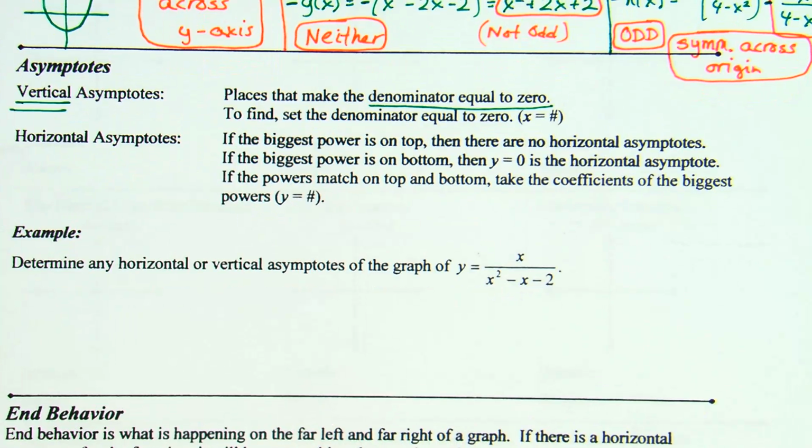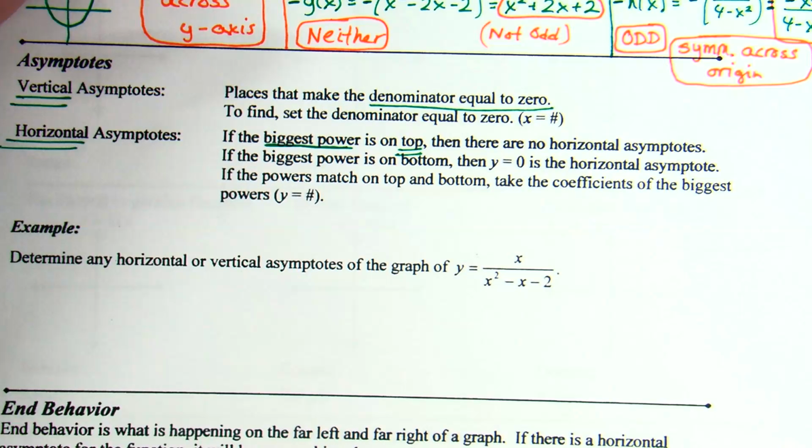If the biggest power is on top, then there are no horizontal asymptotes. We'll talk a little bit later about something else, but there are no horizontal asymptotes.